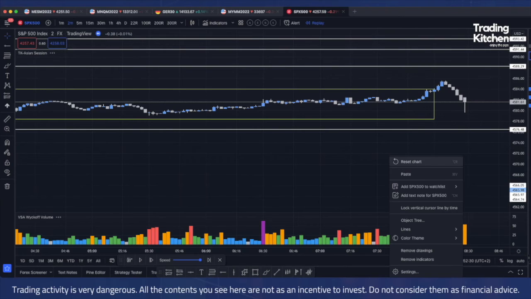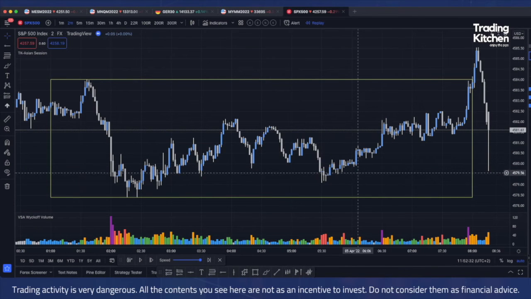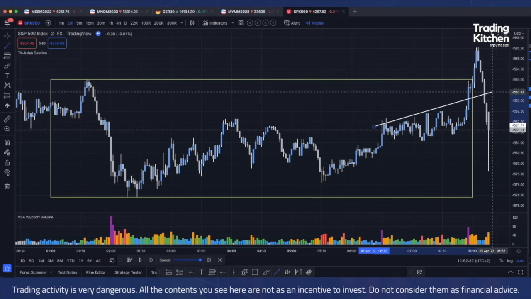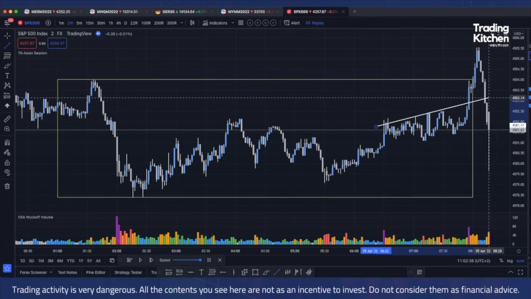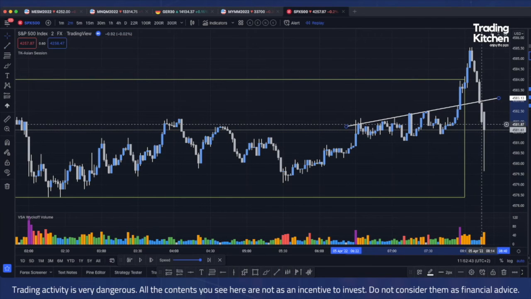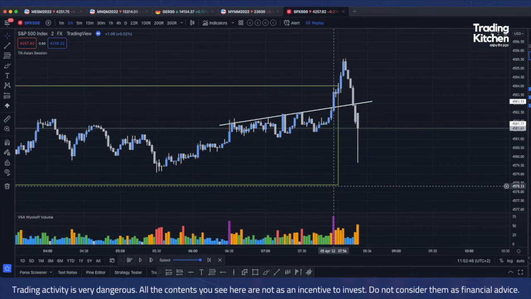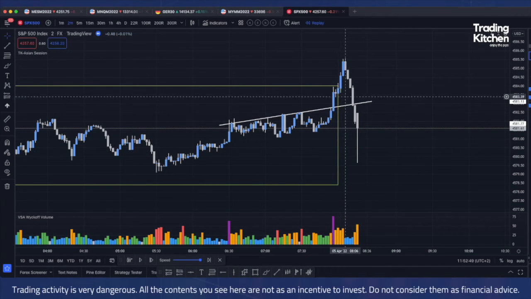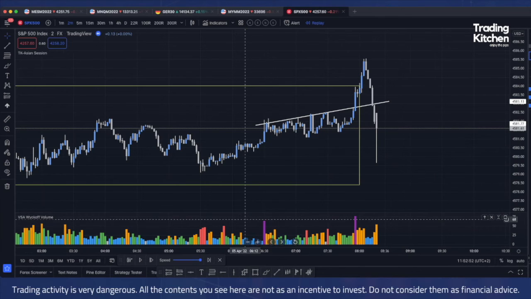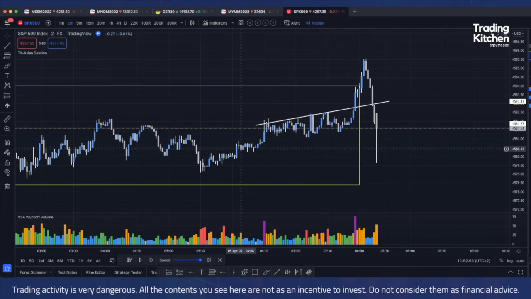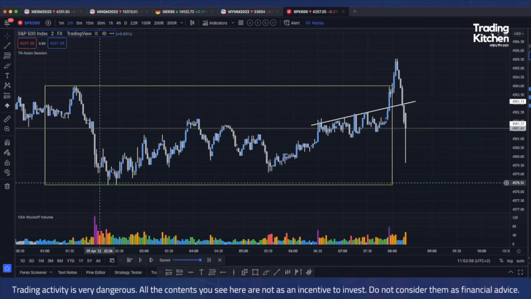And let's see what's happened. Here we have a Wolf Wave pattern, which is not so clear because price made this impulse, but anyway, then returned inside the zone. Here we have an institutional volume, here as well, and here as well.